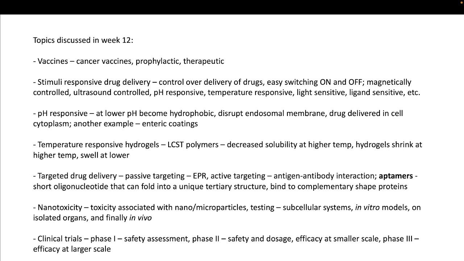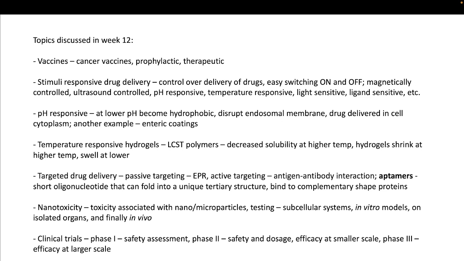Passive targeting is nothing but where you don't make use of any specific interaction and you just direct that drug to a particular organ. For example, we have seen the EPR effect a few lectures back. EPR is nothing but enhanced permeation and retention. This is seen in tumor cases. Wherever your tumor is in a tissue, nearby the tumor it will have leaky blood vessels, because that's how the tumor is growing uncontrollably.